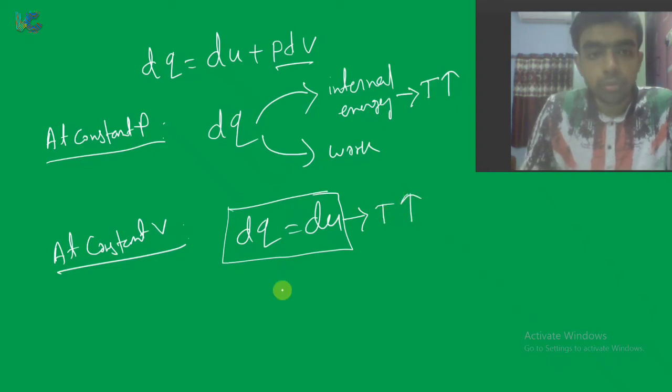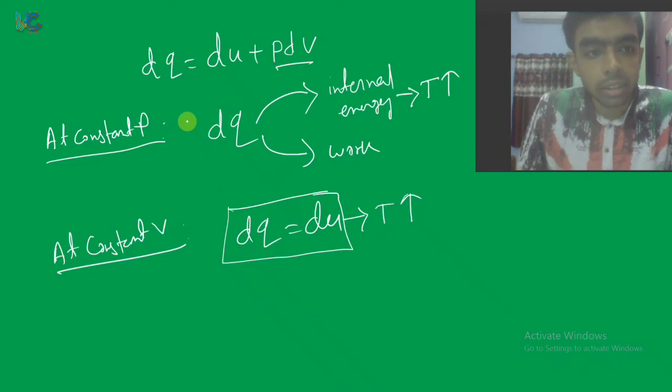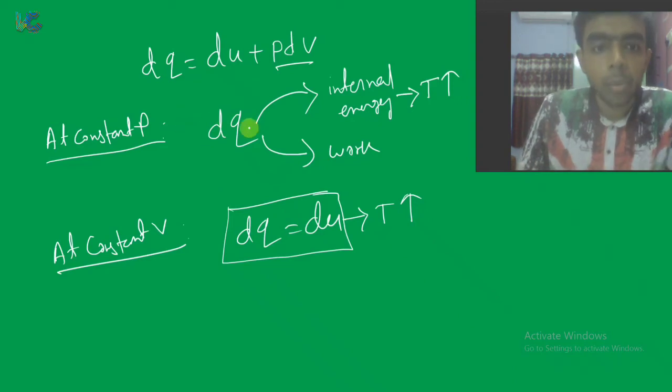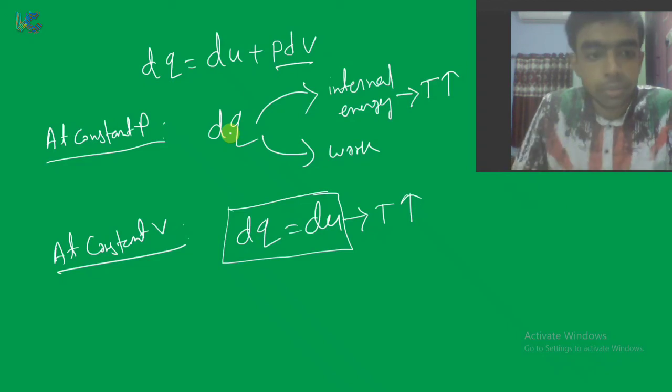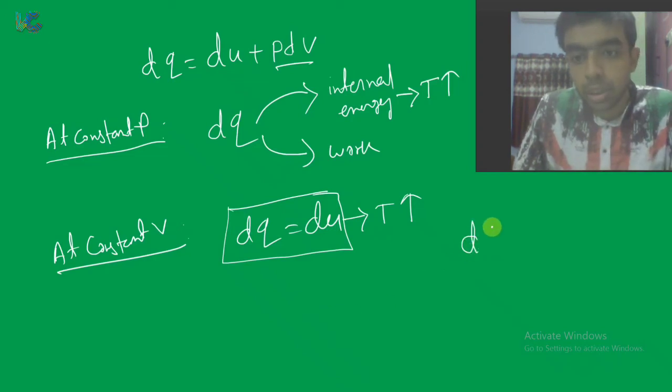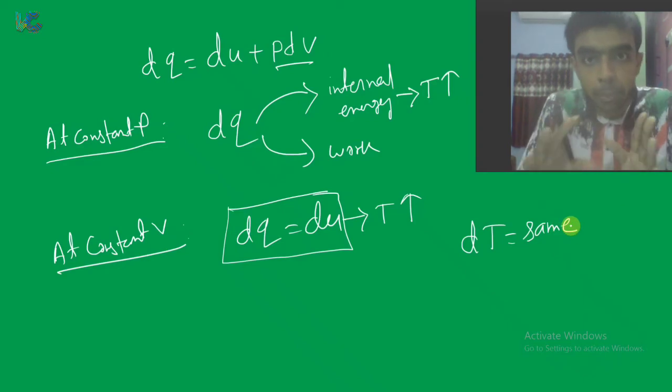So when the condition is constant pressure, the heat taken by the system is distributed into two parts, and when volume is constant, the heat taken by the system goes to only one thing, and that is to make a change in internal energy. That means to generate the same temperature difference, that means when dT is the same, I want to generate the same temperature difference.